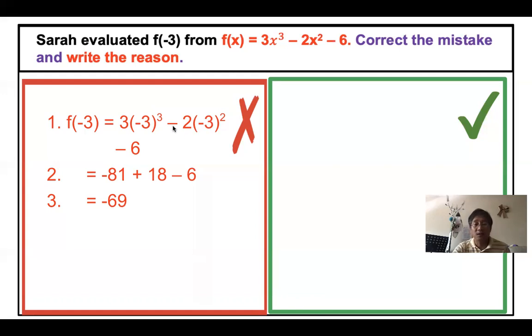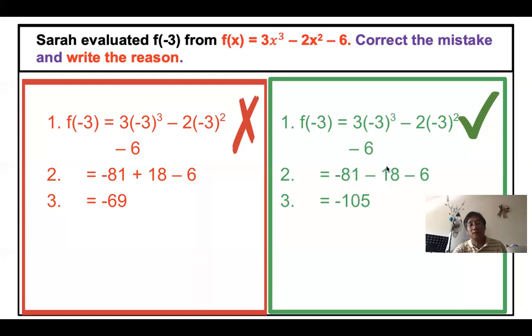Because it's multiplication. You should do what? Exponent first. So negative 3 squared is 9, positive 9, not negative 9. Negative becomes positive. So 9 times negative 2 is negative 18. Oh, this was wrong, right? And then negative 6. So you should correct here, like negative 18.